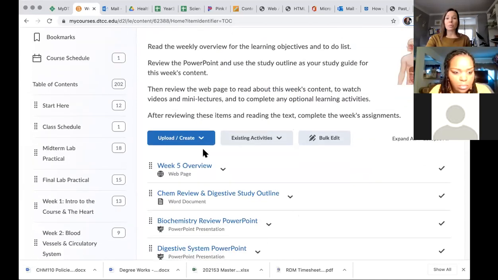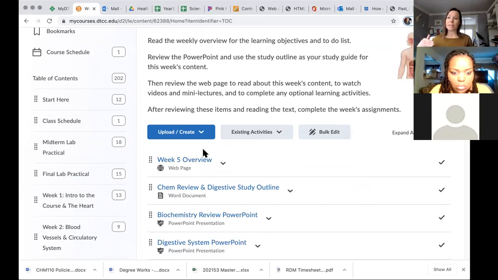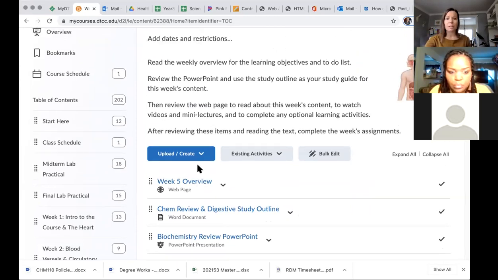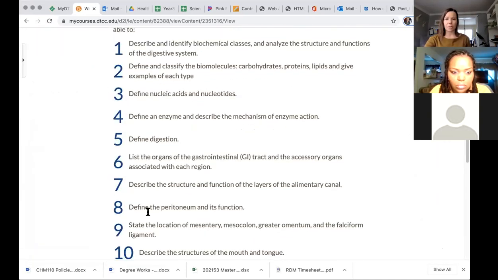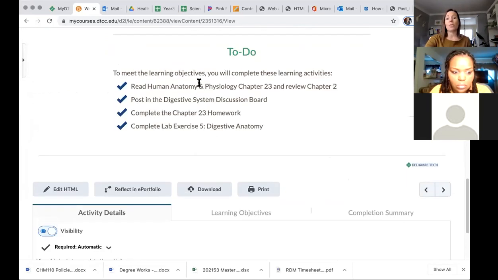Every single week you have pretty much the same organization of the information. There's the weekly overview, which tells you all the things we're going to talk about this week, or that you're going to be learning about, and all the things you need to do for that week.